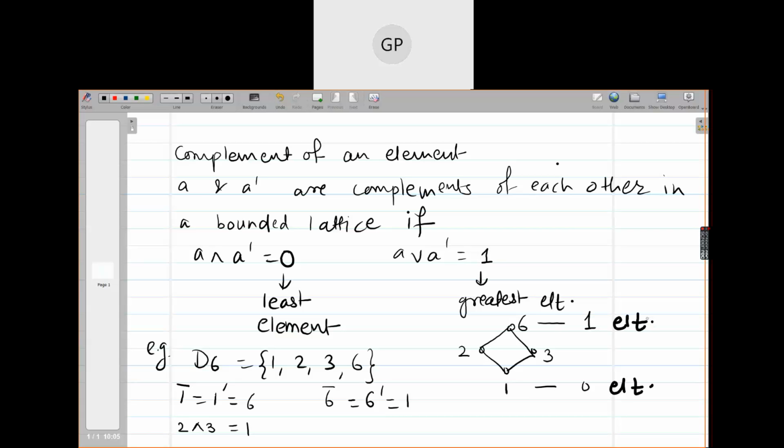Yes, ma'am. So 2 meet 3. See, 2 meet 3 is what? What is 0 of D6? It is 1. And 2 meet 3, 1 आता है क्या नहीं? Greatest lower bound of 2 and 3 is 1. Correct? How many lower bounds are there for 2 and 3 in D6?